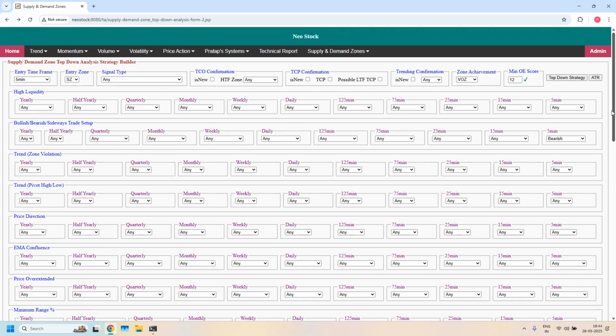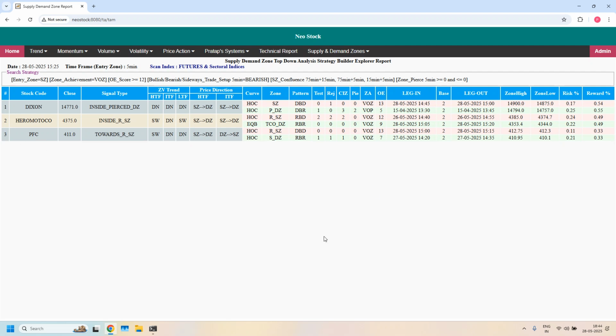With all the 3 filters, we got 3 stocks. So in these 3 stocks, these 5 minute supply zones are overlapped with 15 minute supply zone. Both together again overlapped with 75 minute supply zone.